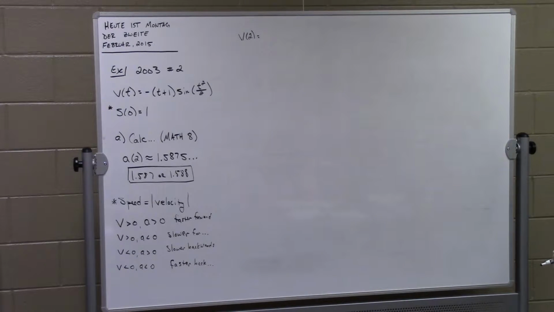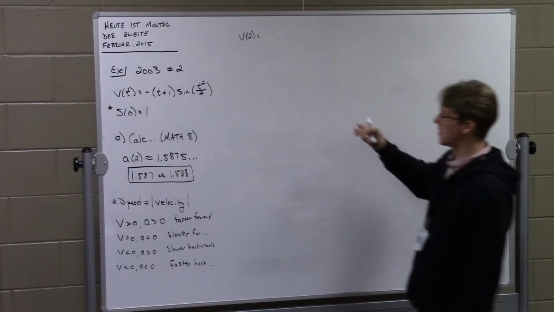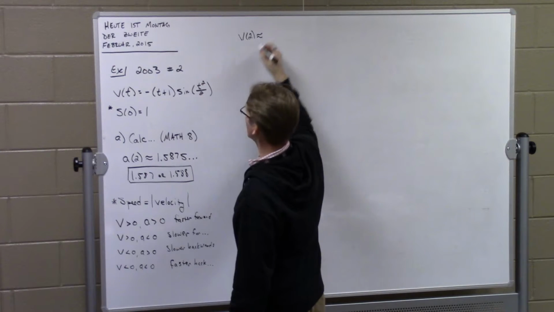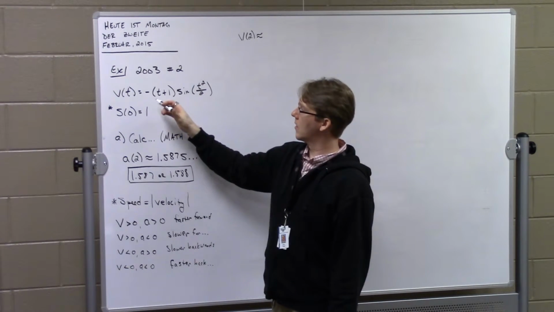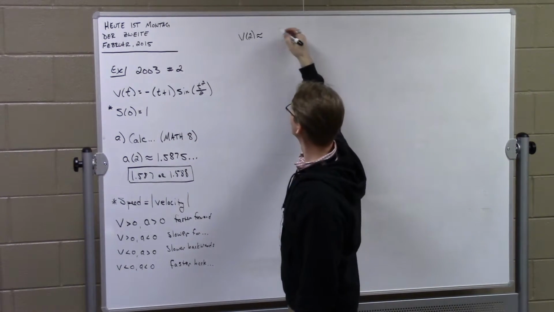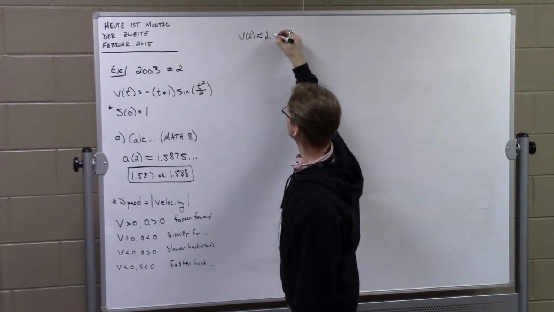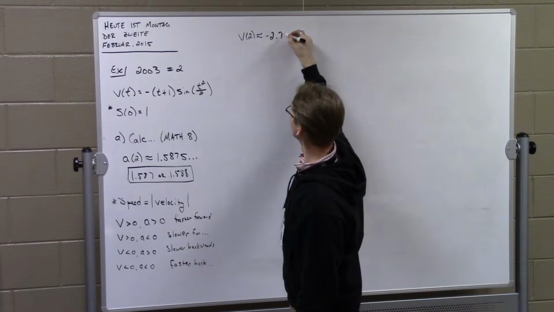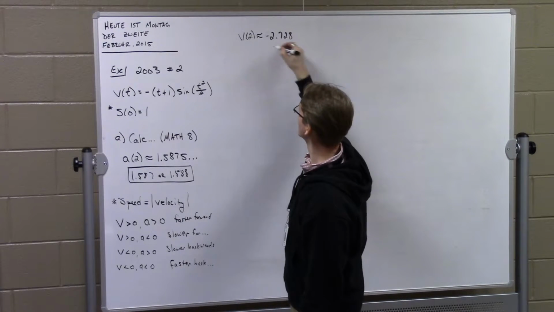The first part's positive, a negative, and the second part's negative, so negative 2.78. Got it, good.